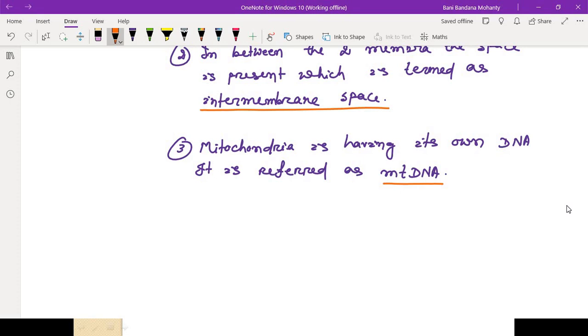Gradually they lived inside the eukaryotic cells and became part of them. But it is believed that they came by the process of endosymbiosis.